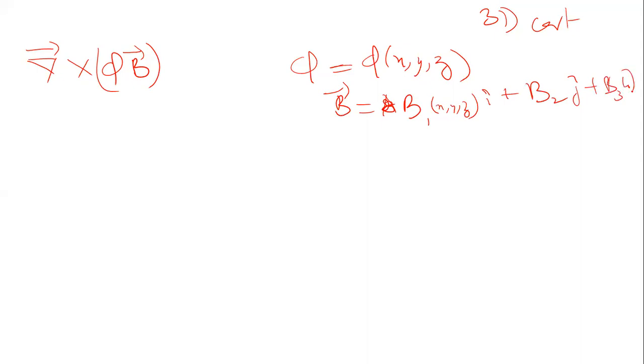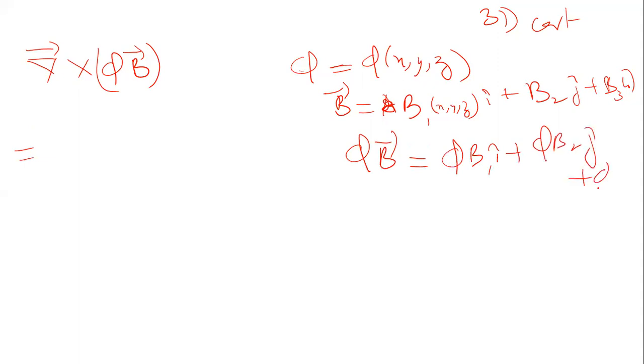If you take a curl operator, what is phi B? Phi B vector is equal to phi B1 i plus phi B2 j plus phi B3 k cap.